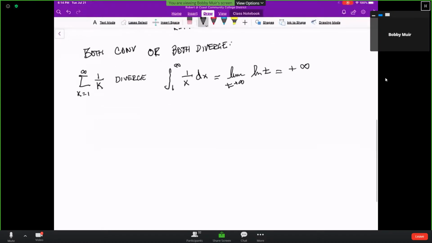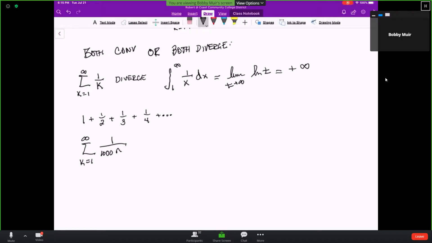Okay. So I guess one way of thinking about why this is diverging is maybe these numbers, they're just not getting small enough. Okay. So what if we did something like this? k equaling 1 to infinity, 1 over 1,000 n.